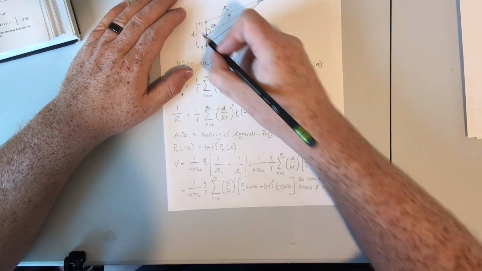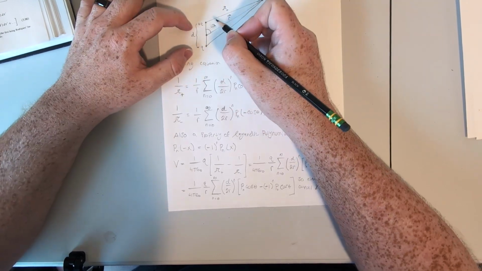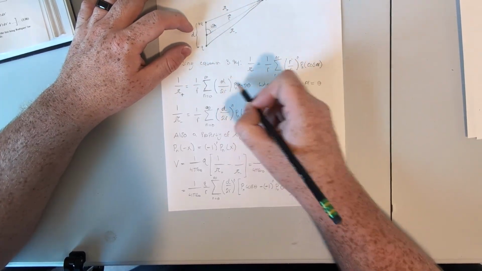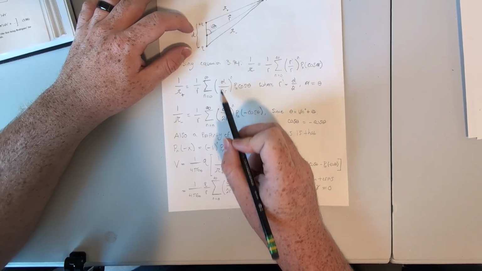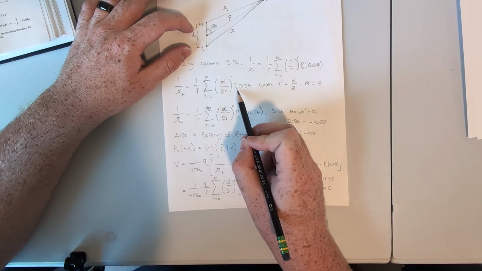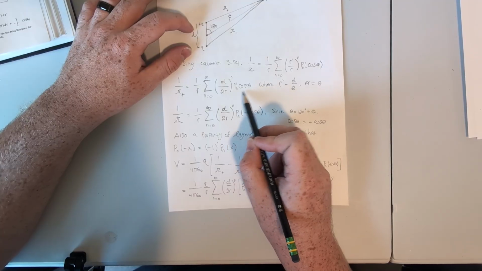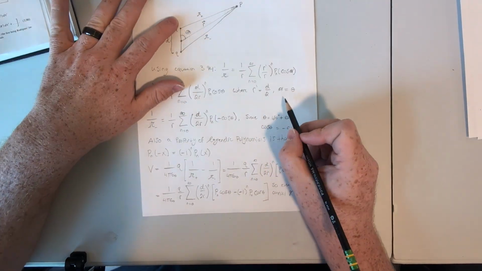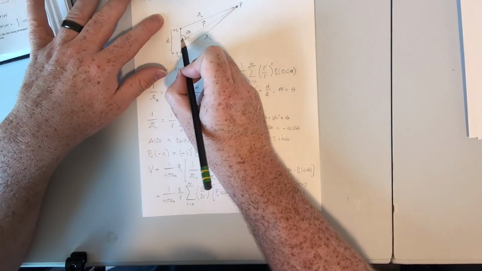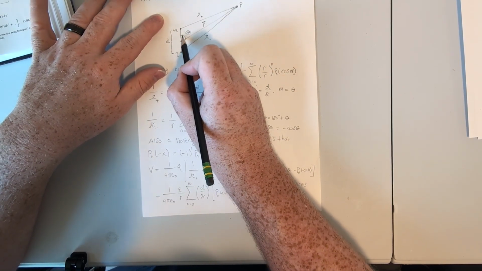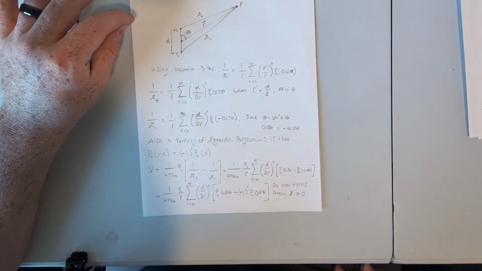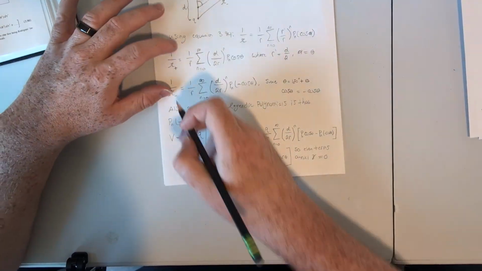This distance is d between the charges, so r prime is just d over 2, and then r on the bottom. So d over 2r to the nth power, times the nth polynomial. And here, instead of alpha, we're using theta, where theta is the angle defined for the problem. And then same for the r minus term.